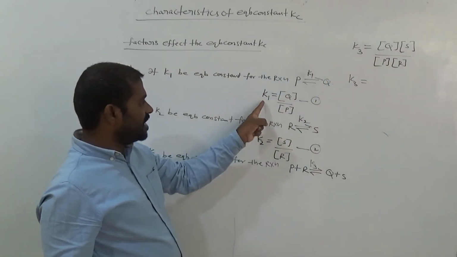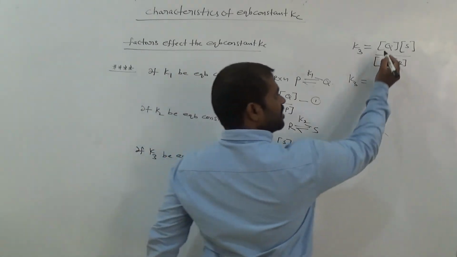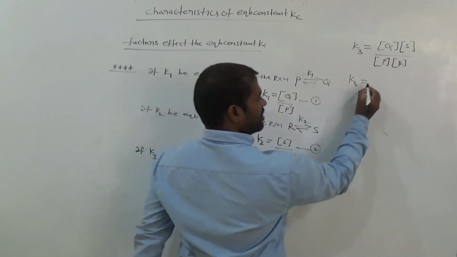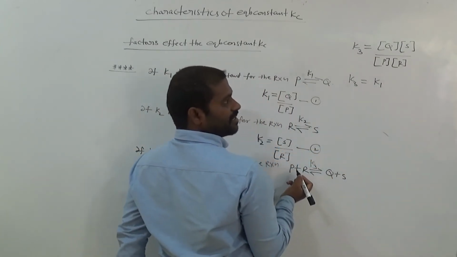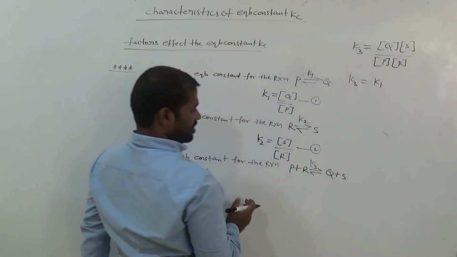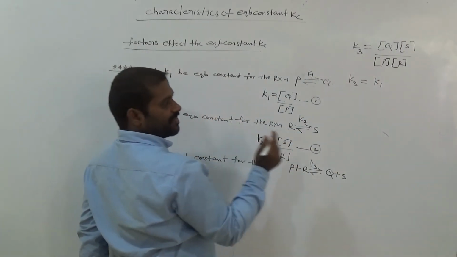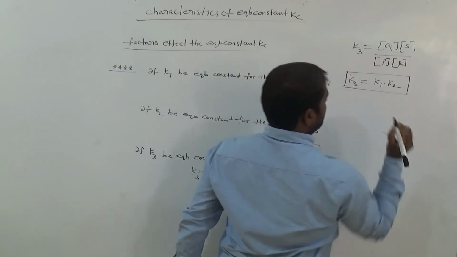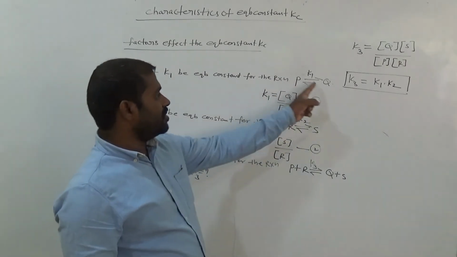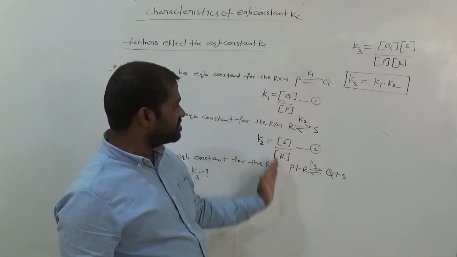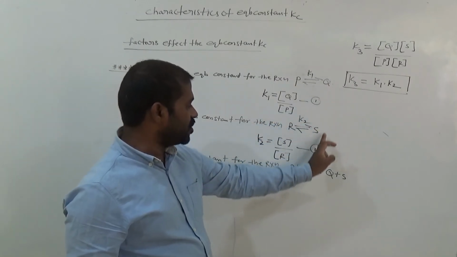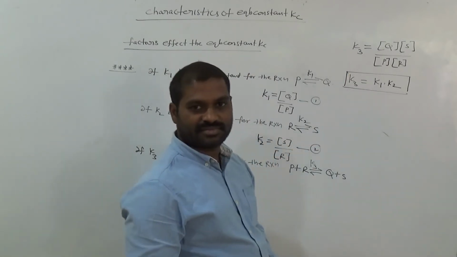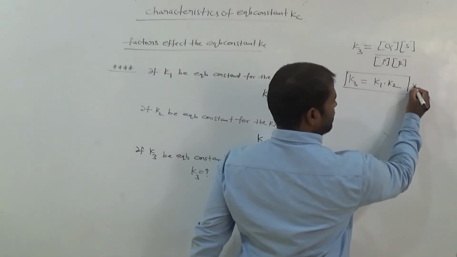Q by P means K1, from equation 1. What about S by R? S by R taken as K2, into K2. Finally, what we get? When the two expressions are added in same side, P plus R reversible Q plus S, then K3 is equals to K1 into K2. Understood or not? So very important.